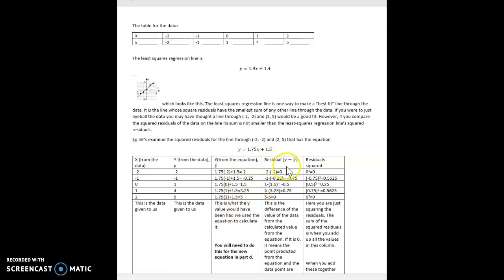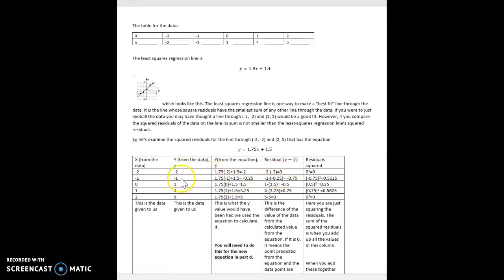Then the residual is going to be the y from my data subtracted by my y predicted from my equation. So my y minus my y hat. Okay, so we have a -2 here minus a -2, which is 0.